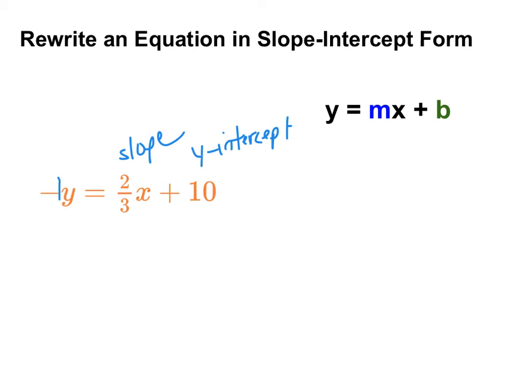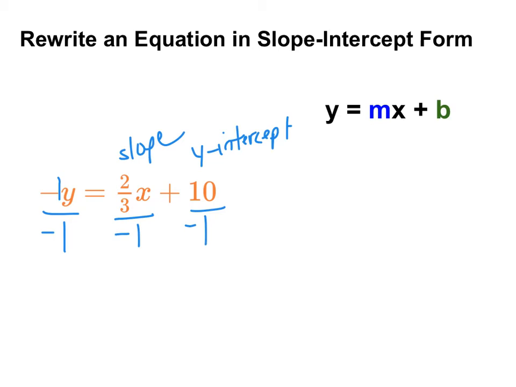And if I think about algebra, when I have multiplication, I undo multiplication with division. So I'm going to divide this side of the equation by -1, but I also have to divide each of the other terms on the other side of the equation by -1. So this is what's going to happen. I divide this side of the equation by -1, and then each of these others has to be divided by -1.